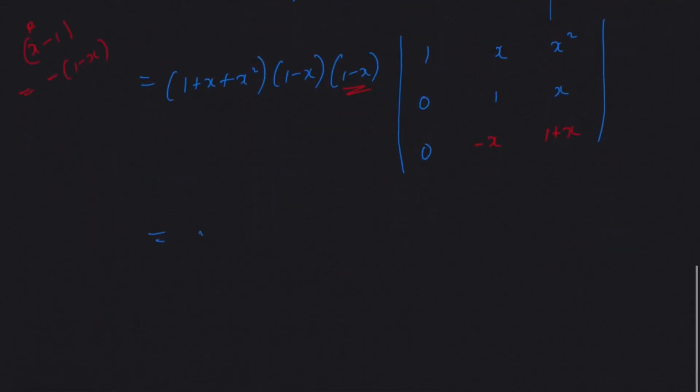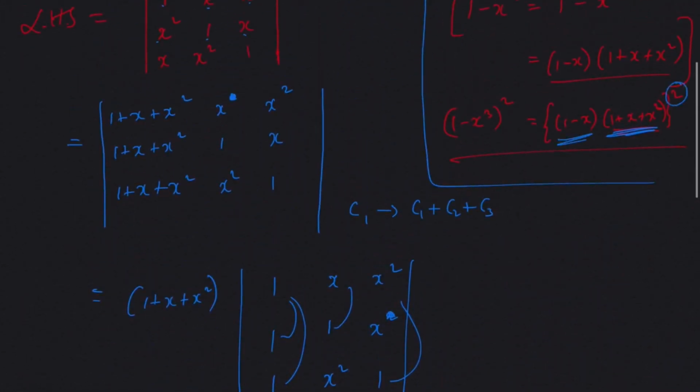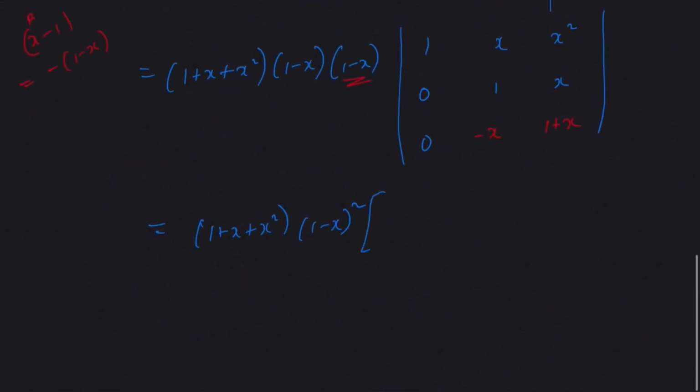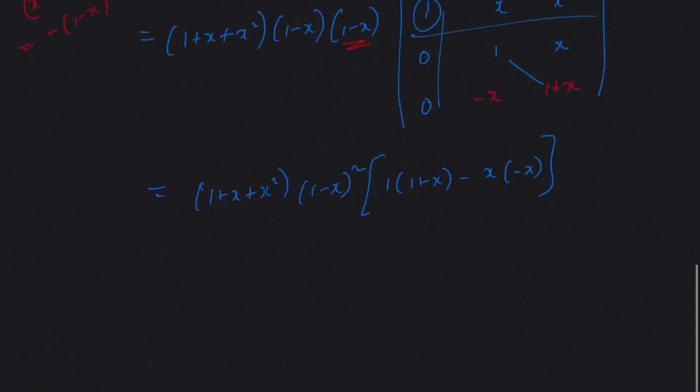Now if we expand, so 1 plus x square, you can see that we are slowly moving towards the formula, 1 minus x whole square. This part we already have, so we only need this whole square. If we expand along c1, leaving aside these two zeros, we have only one value: 1 into 1 plus x minus x into minus x.